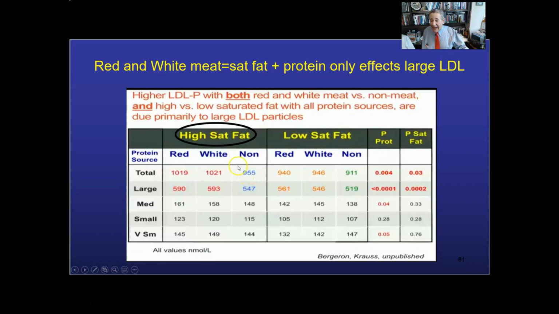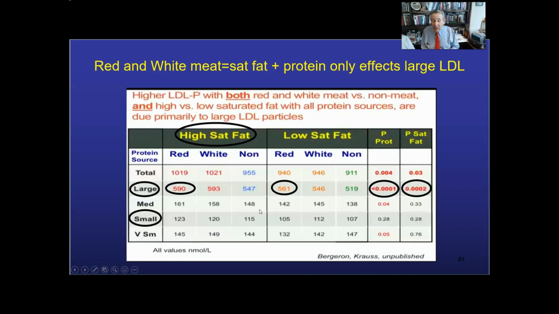And what we know now is that saturated fat in dairy, even in red meat, increases your large LDL significantly, but does not increase your small LDL. And that's why saturated fat is not dangerous to our lipids.